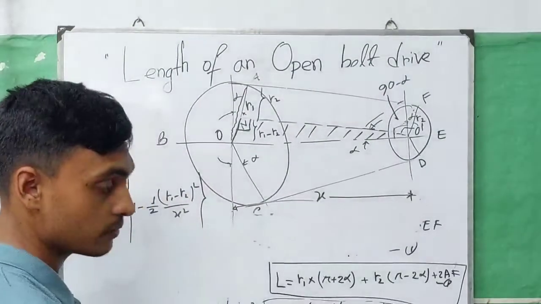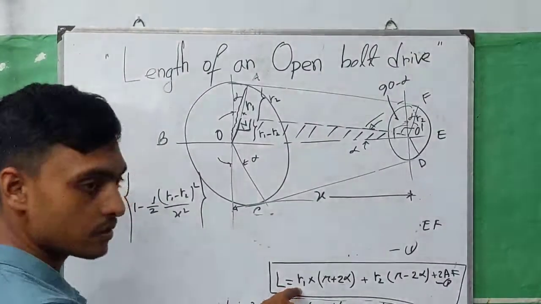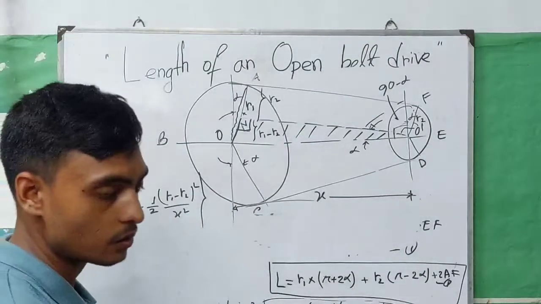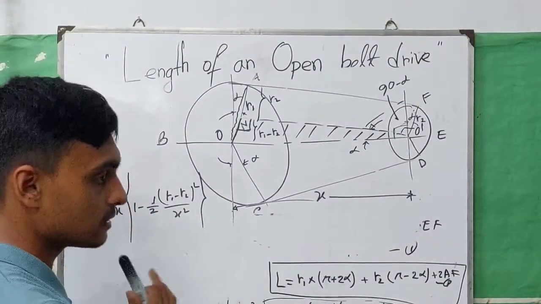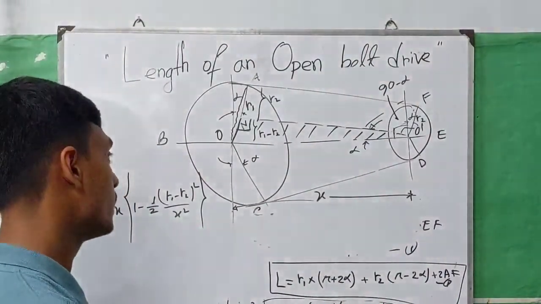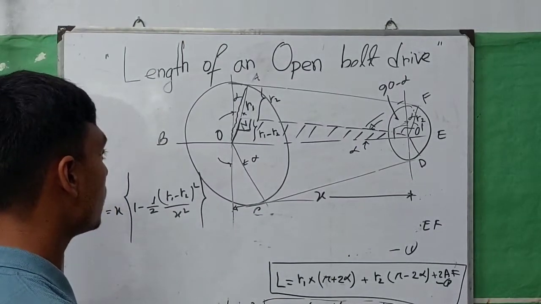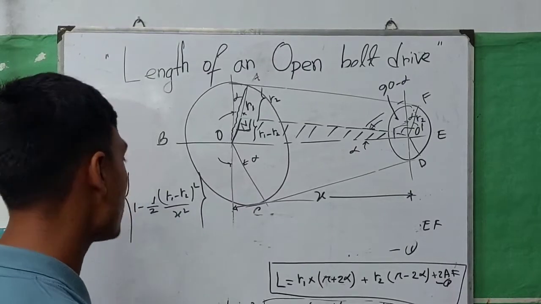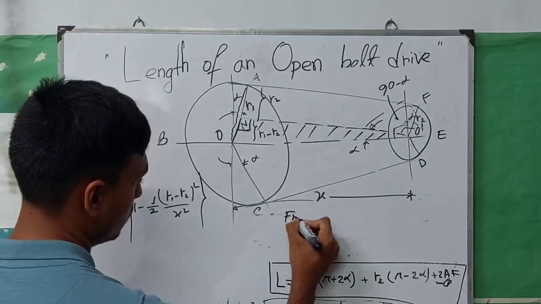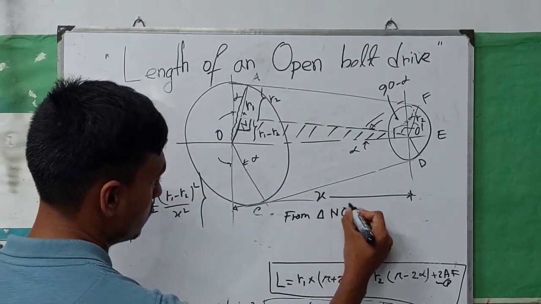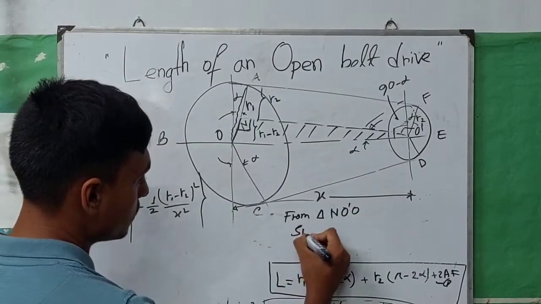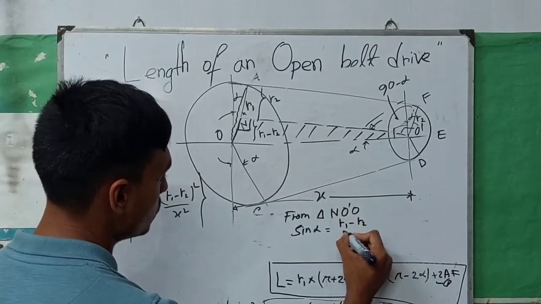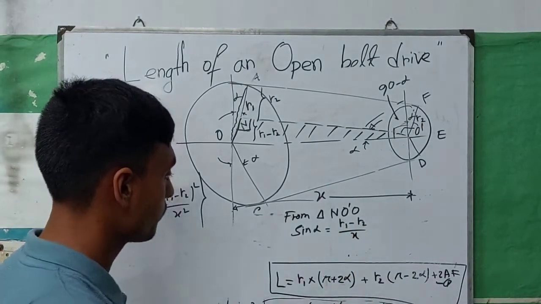So in the given question we have the values of R1, R2 and x, but alpha is still unknown. So we try to find the value of alpha in a similar way. If we see the right angle triangle N O prime O, then we can write that sin alpha equals R1 minus R2 by x.